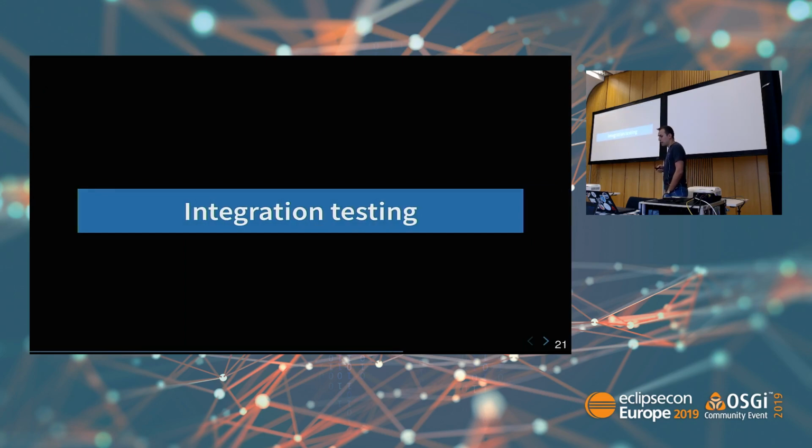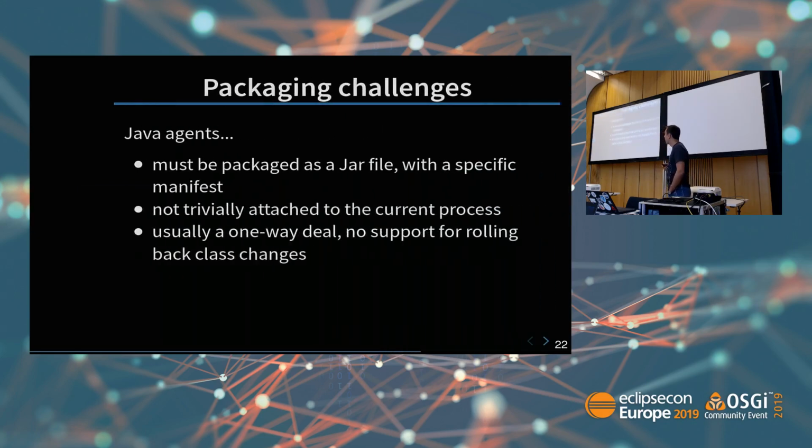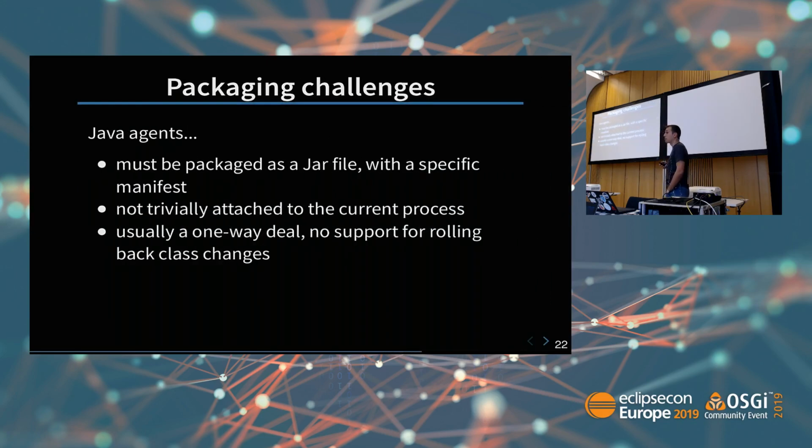Testing is special for Java agents, and basically because of the package requirements, you cannot give it just a set of classes and say, this is my agent. So you must package them and give them a special manifest, and that means if you follow a typical BND or Maven deployment process, you cannot run them as part of the regular test phase, because that only works with the expanded classes.